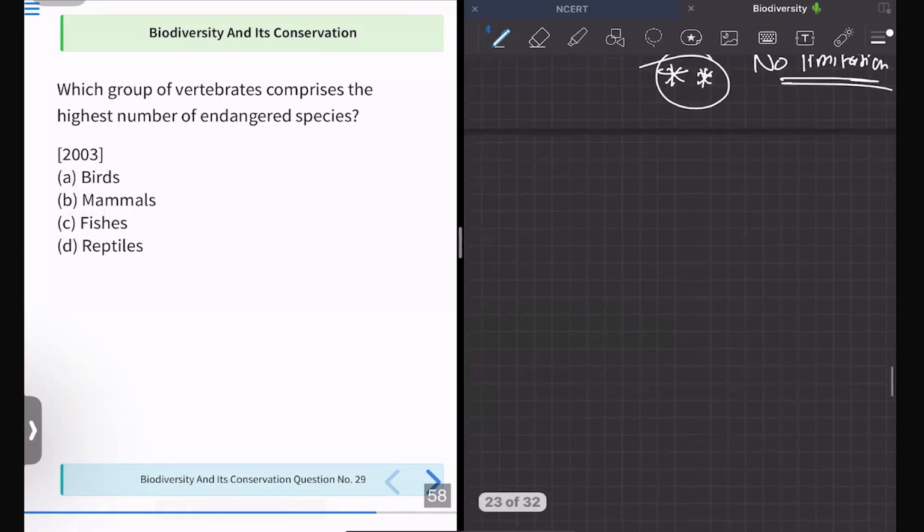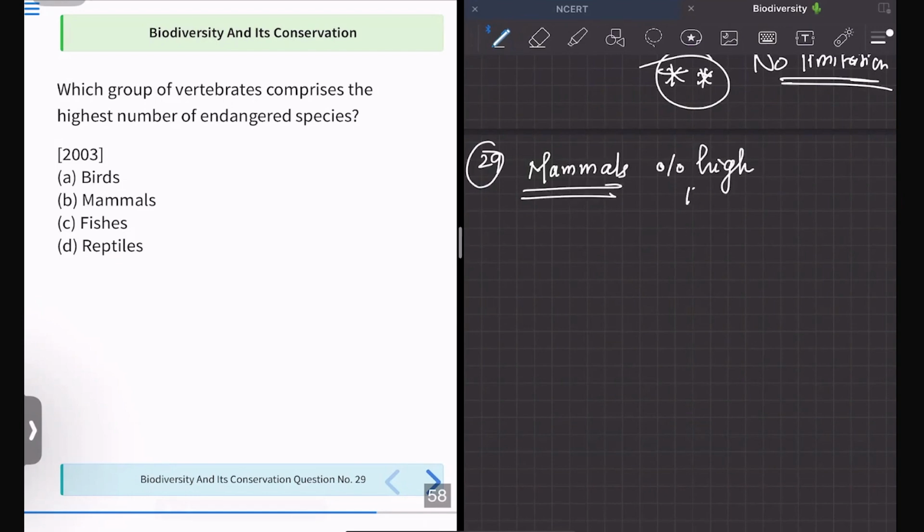Now, question number 29 is asking us again about endangered species. They have given birds, mammal species, and reptiles, and they are asking which among them is the endangered species. Amongst all, mammals are the ones with the greatest percentage facing extinction. Again, these are direct facts that have been placed before you.